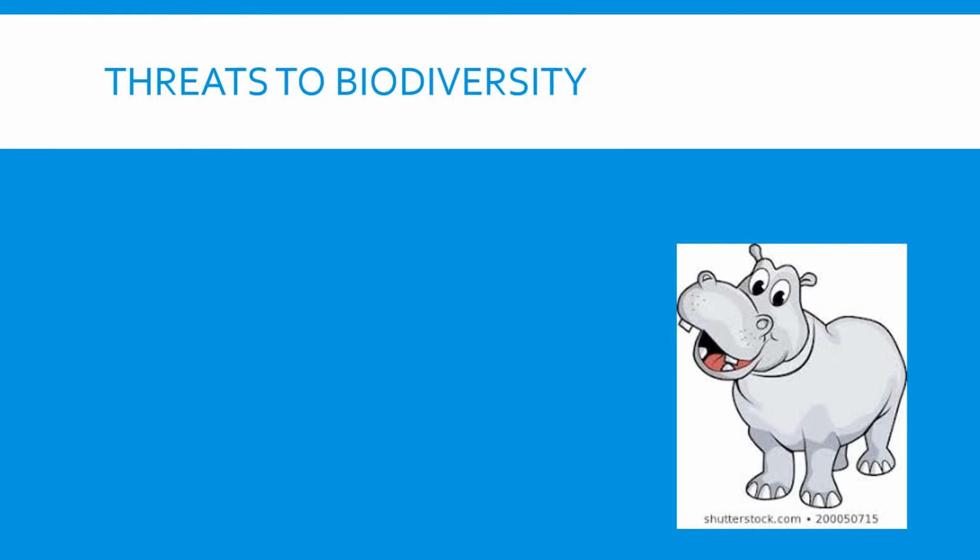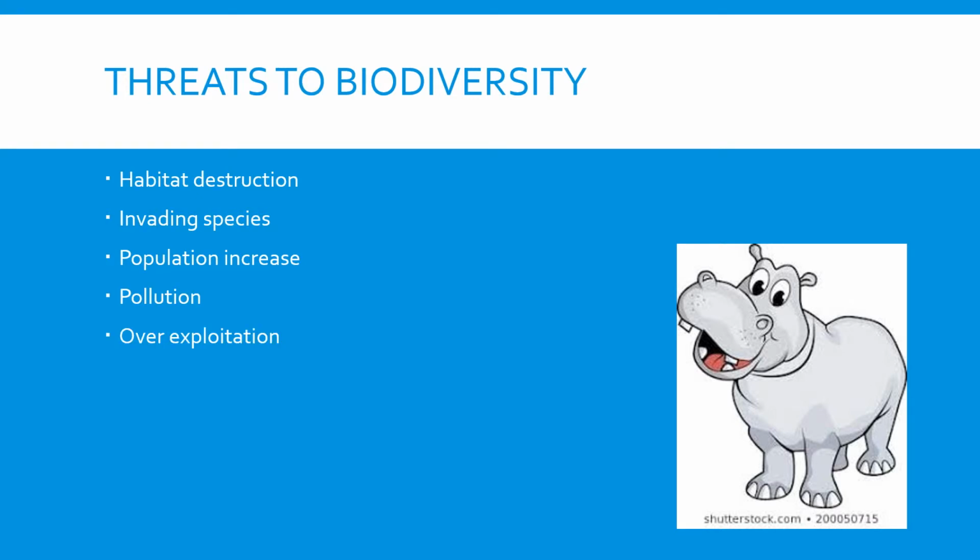Threats to biodiversity. Now, I like to use a little acronym to remember this. Let me go through what it is first. You have habitat destruction, invading species, population increase, pollution, and overexploitation. Can anyone guess what the acronym is? Looking at the picture, yeah, it's called HIPPO.